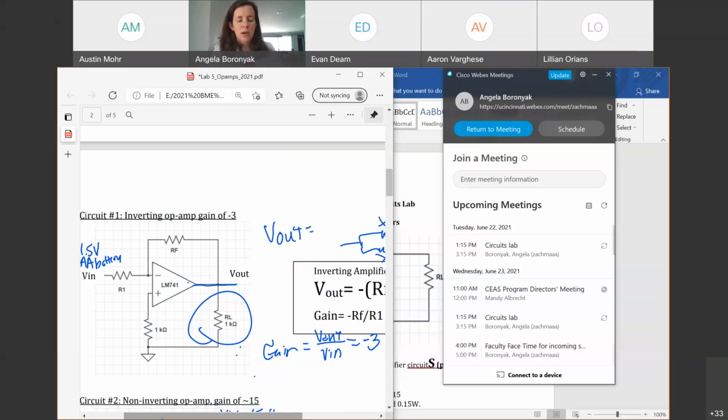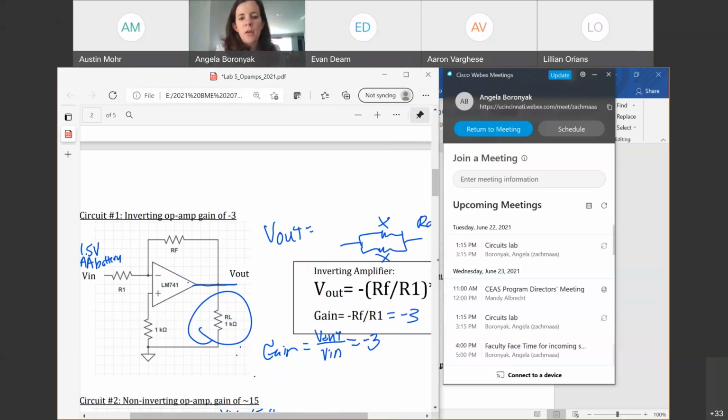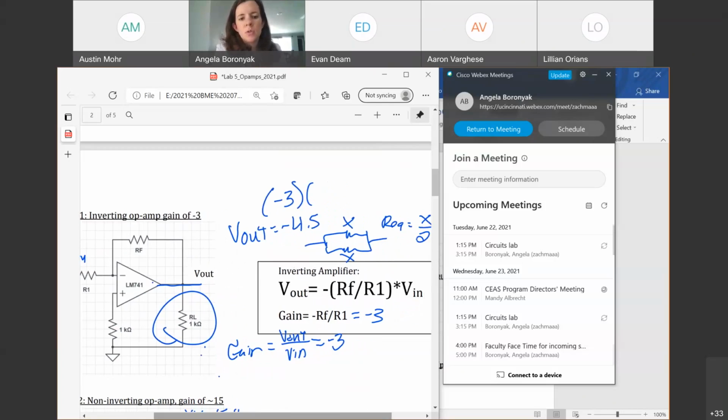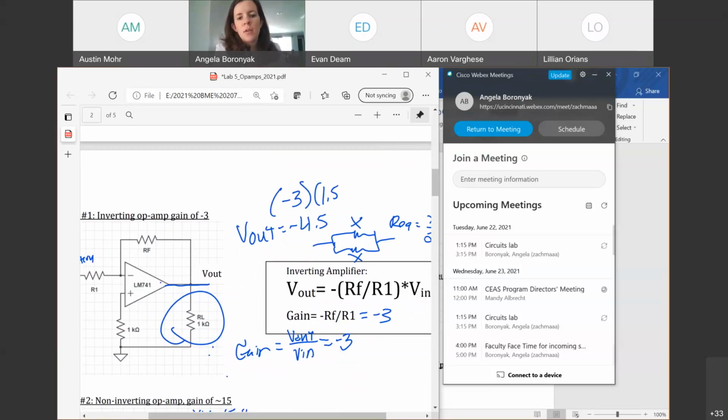You've got to do your theoretical calculations too. Remember to compare them. What do we think we'll get for V out here? Yeah, good, -4.5. I'm just taking -3, that was my gain, multiplying it by my Vn, which was 1.5. And last time I checked, that got me -4.5.